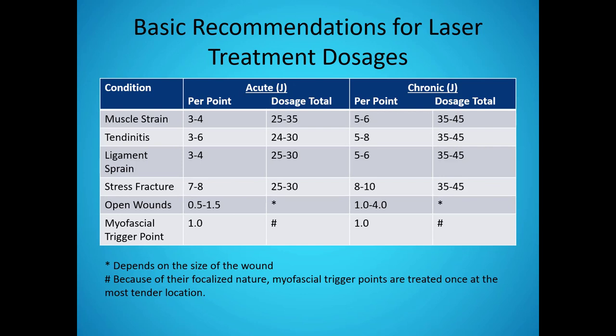For example, for tendonitis, we may have 3 to 6 treatment points with a total dosage of 24 to 30 joules. If it's chronic, we may have 5 to 8 treatment points with a treatment total of 35 to 45 joules. Therefore, coming up with specific protocols for specific treatment areas can be difficult depending on what research you are looking at.